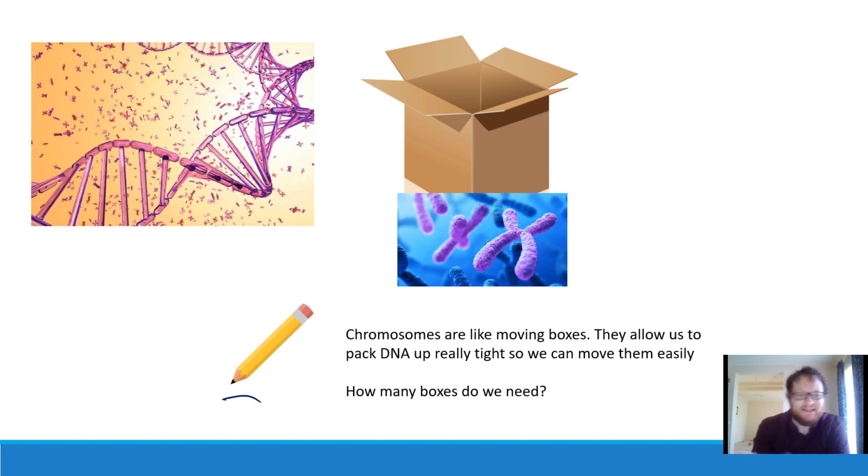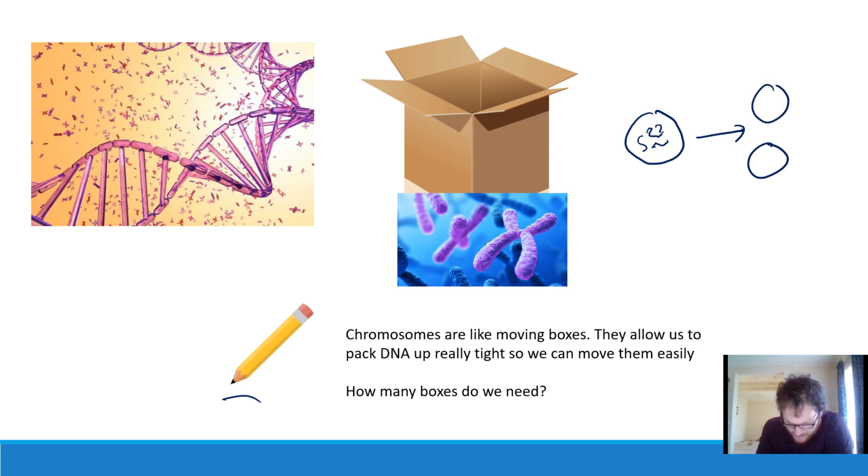Why we pack these up is because when we go from one cell dividing into 2 cells, we need a way that we can easily move all of the DNA from one cell into 2 small cells. Now, if there were big long strings, it'd be really, really difficult to move.